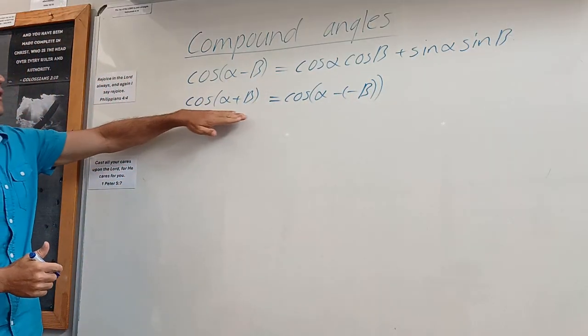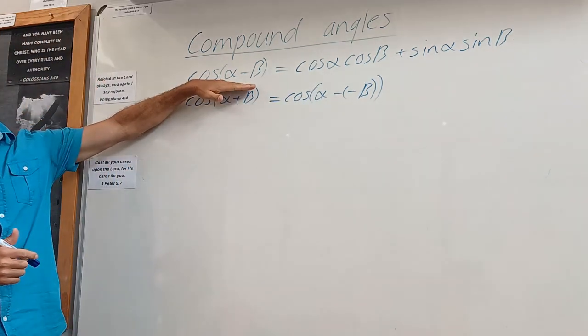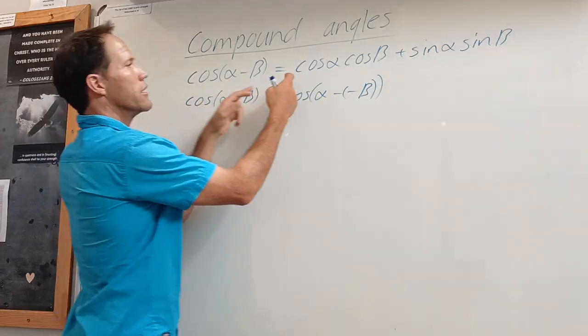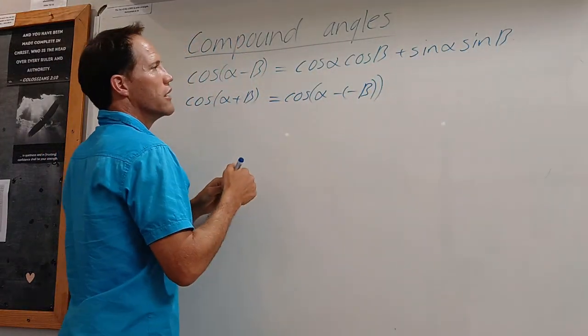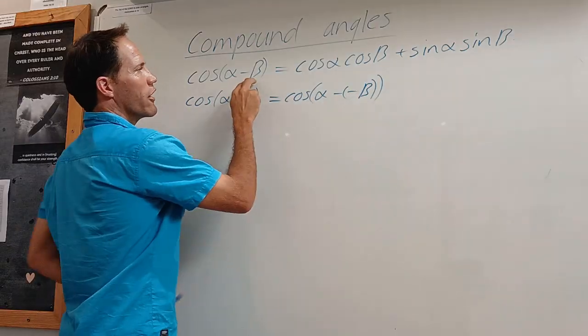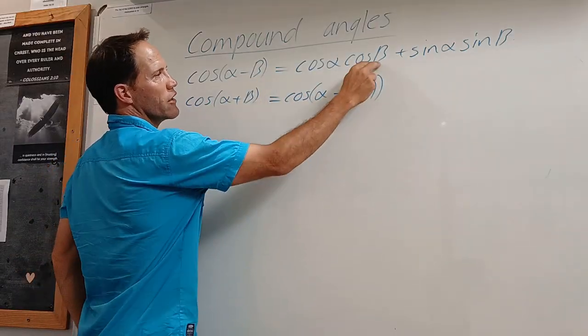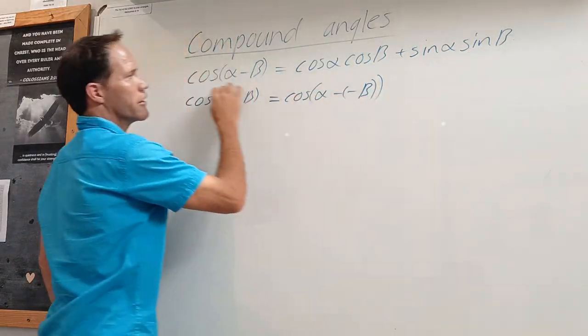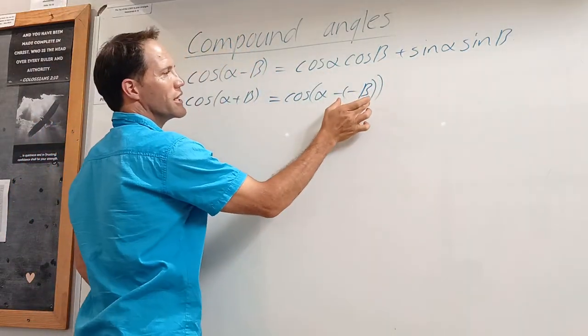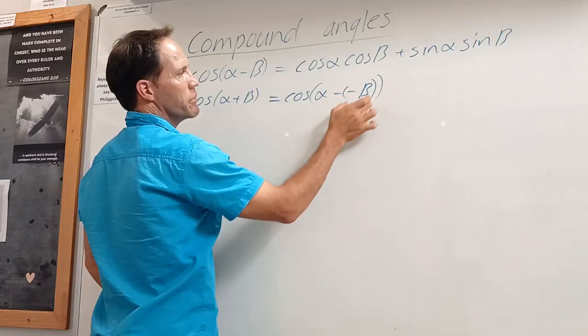Now this one here looks like this one. It's one angle minus another angle. So now what's the difference between this answer and what we're going to get here? The only difference will be that I'm not going to have beta, I'm going to have negative beta. The rest is the same. It's an angle minus an angle. So it should look like this, but the negative beta must go in the place of the beta.